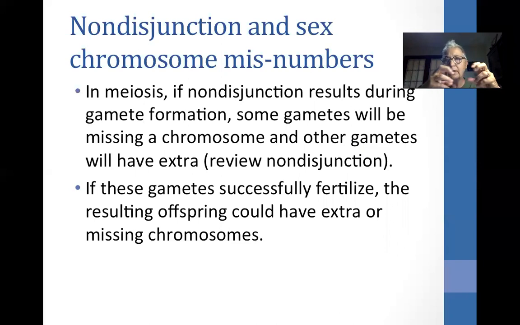Well, sometimes during that separation, instead of one going this way and one going this way, both end up going together and none go to the other side. So when you're making your egg and sperm, instead of equal numbers getting distributed, one sperm is going to get 2 copies of a chromosome and the other sperm is going to get 0.